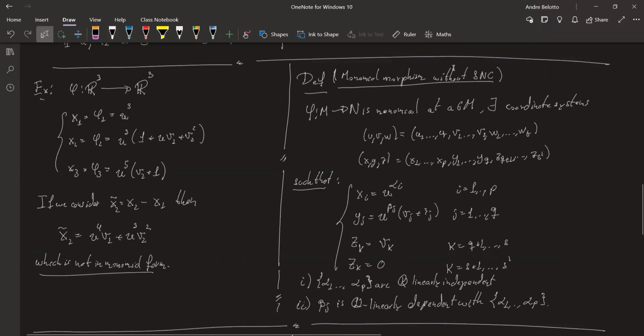Oh, it's the same. I'm just not putting the condition on the simple normal crossings. The condition was that u was the normal crossing divisor of M, and x and y gave us the normal crossing divisor over N.